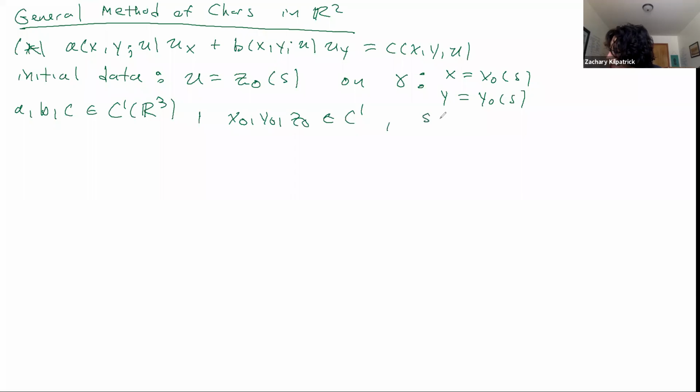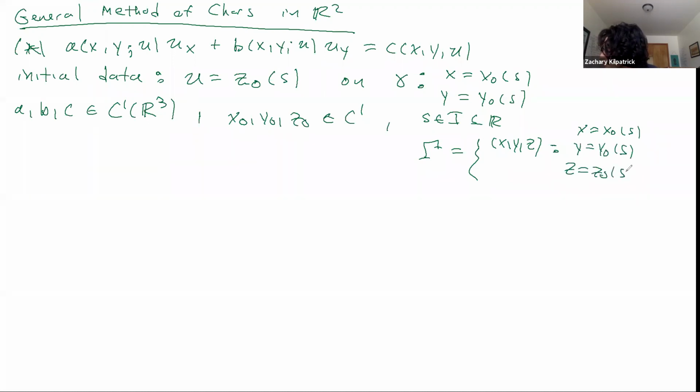And s is going to be defined on some subinterval of R. And then there's going to be some surface, that's our initial surface, gamma, in x, y, z, where x equals x0, y equals y0, z equals z0. This is our initial curve.